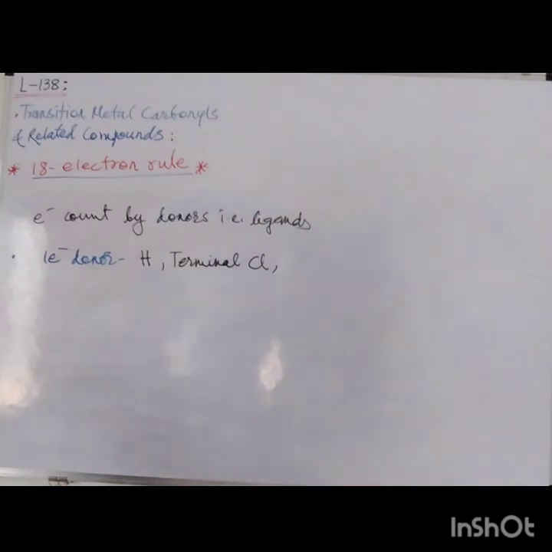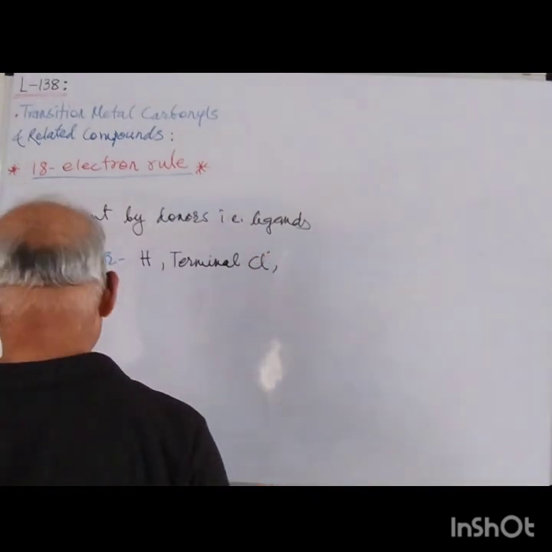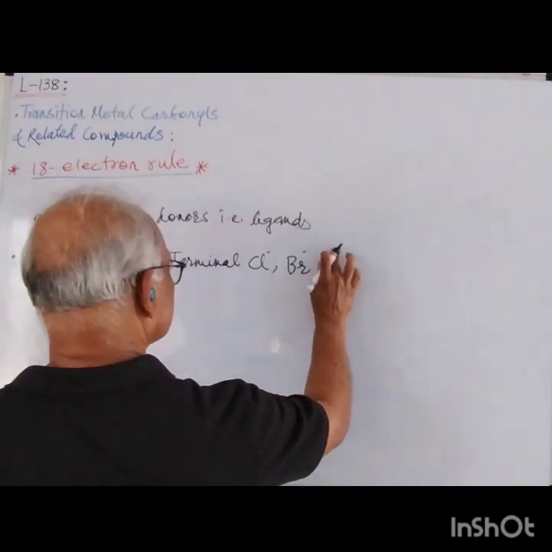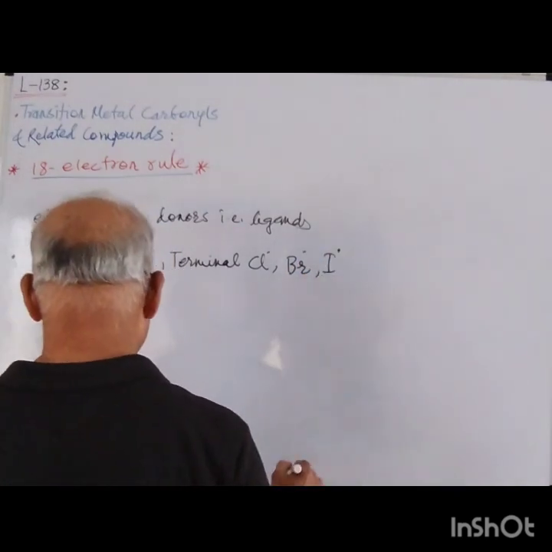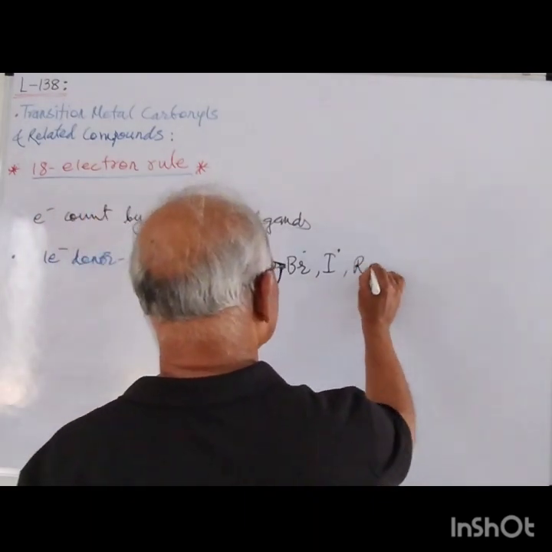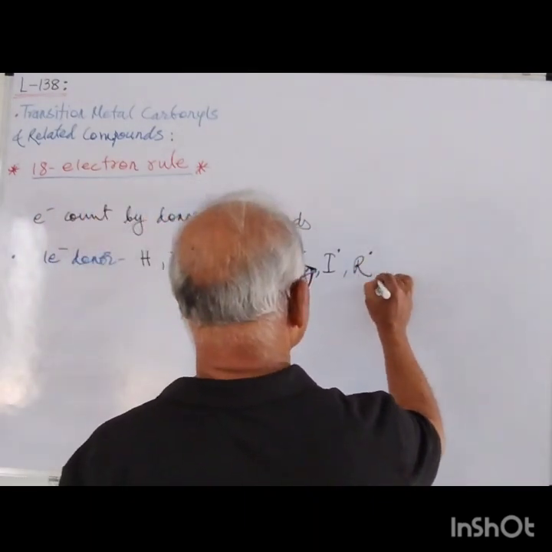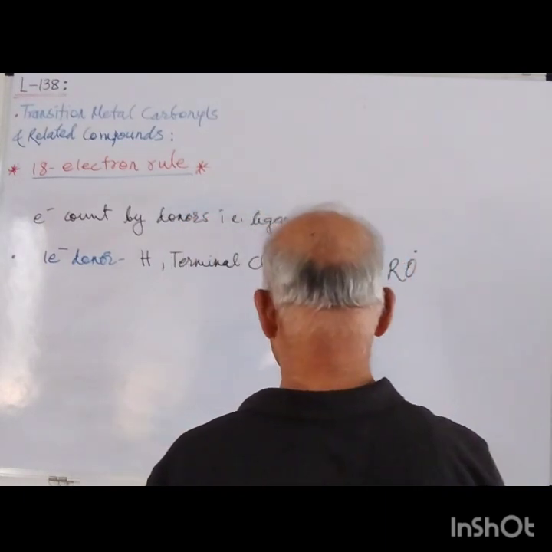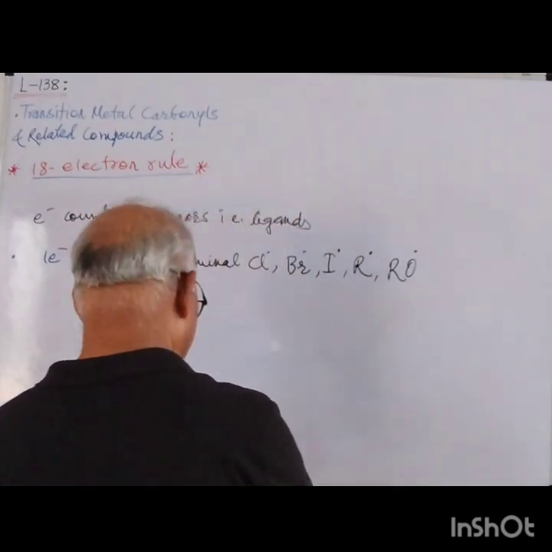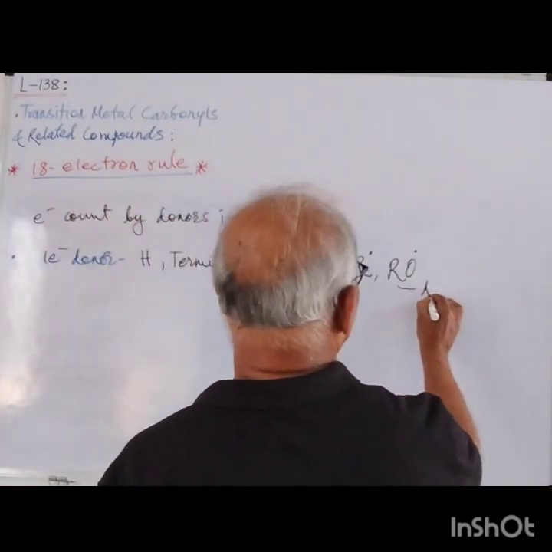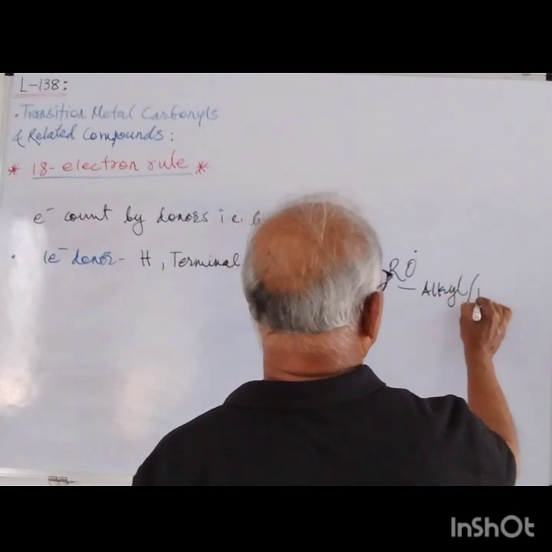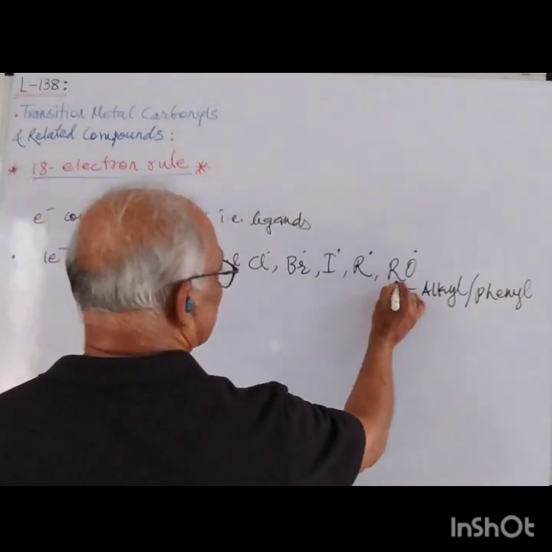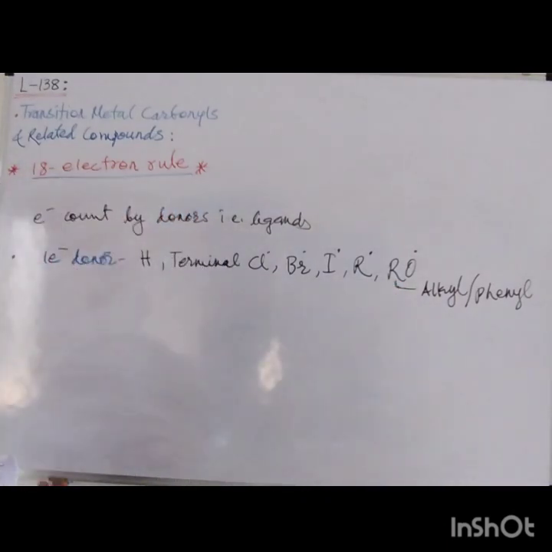If the halides are terminal, then they will contribute 1 electron. Similarly Br, similarly R. Free radicals, in short RO. Here R is alkyl or phenyl.